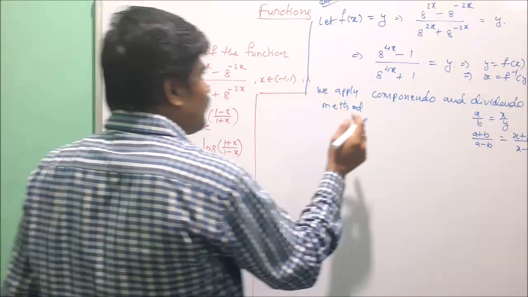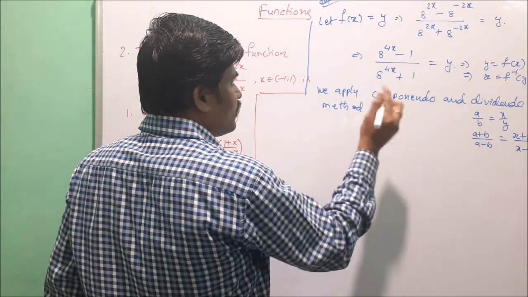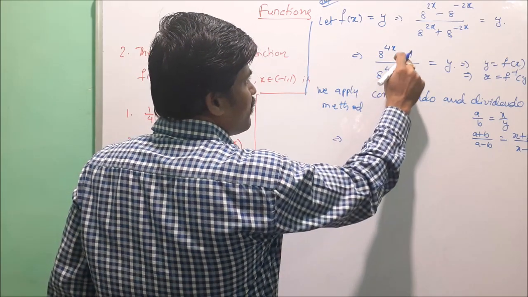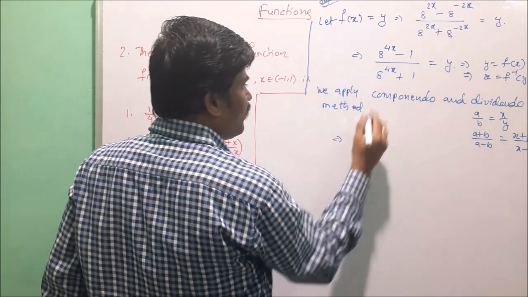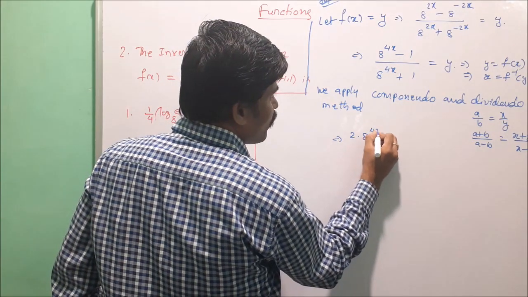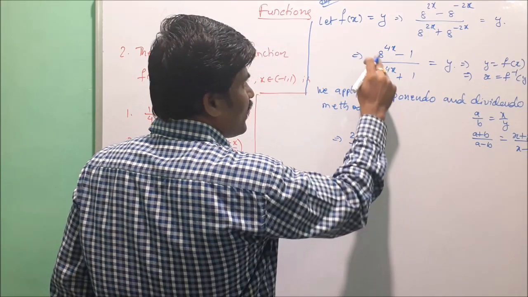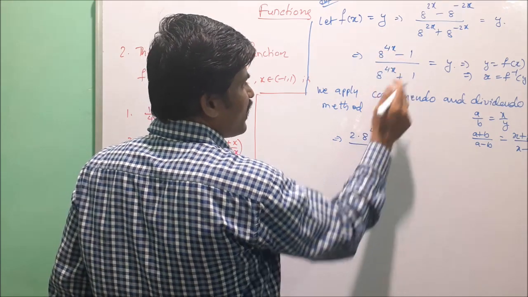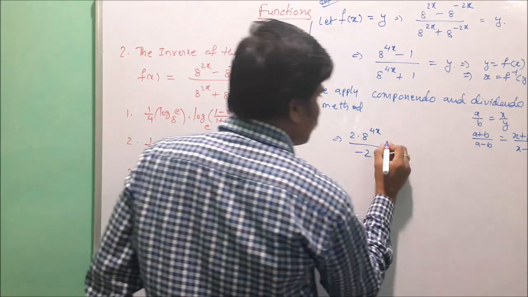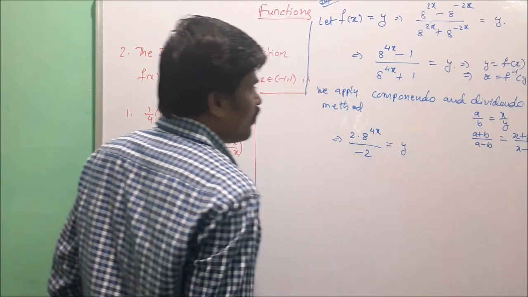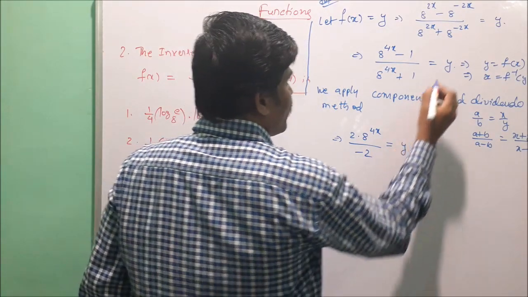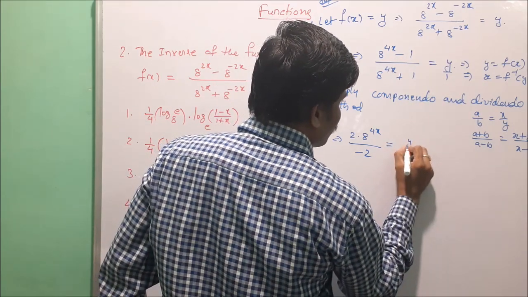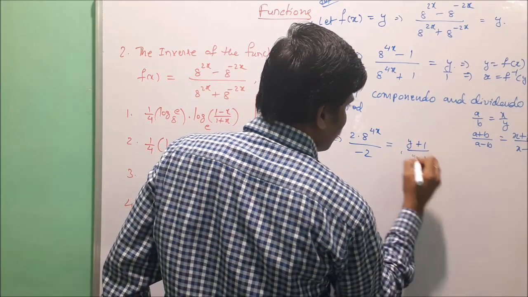Now here we take a plus b. Here minus 1 plus 1 cancel, 2 into 8 power 4x, by here a minus b, 8 power 4x minus 8 power 4x cancelled, minus 1 minus 1, that is minus 2, that equals to, here y means y by 1, so y plus 1 by y minus 1.